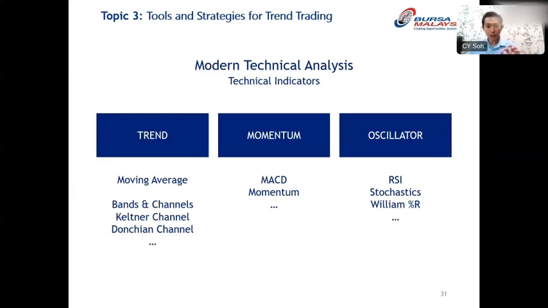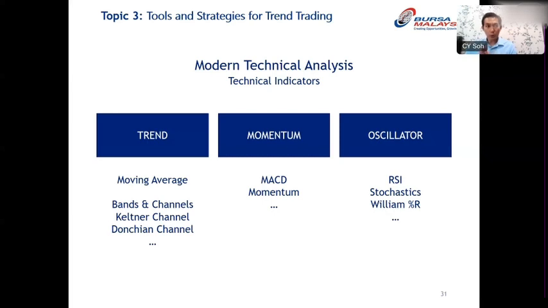Later on, I'm going to share with you how to know whether the indicator that you're using is a trend indicator. Some momentum indicators are hybrids, a combination of trend and momentum. They can be used for trend purposes, and can also be used as momentum. Similarly, oscillator indicators are also hybrids, a combination of momentum and oscillator.